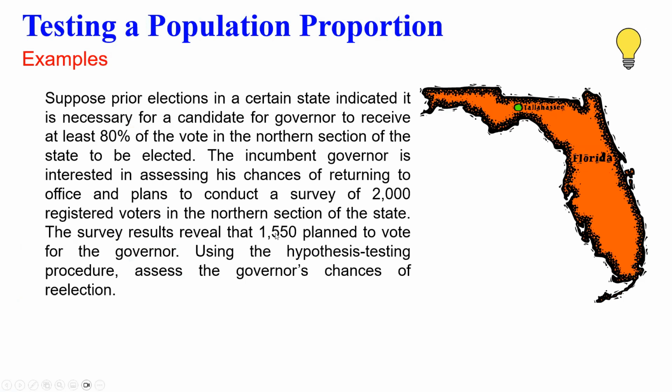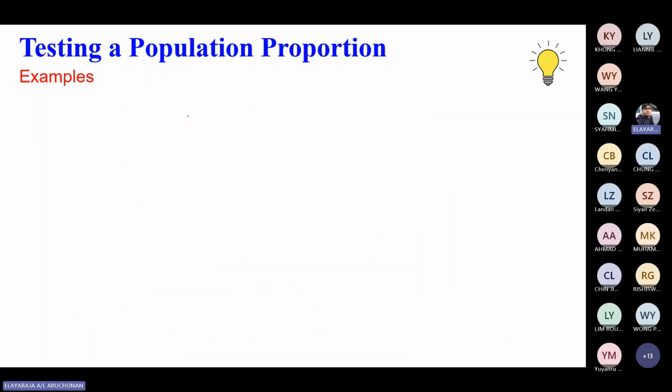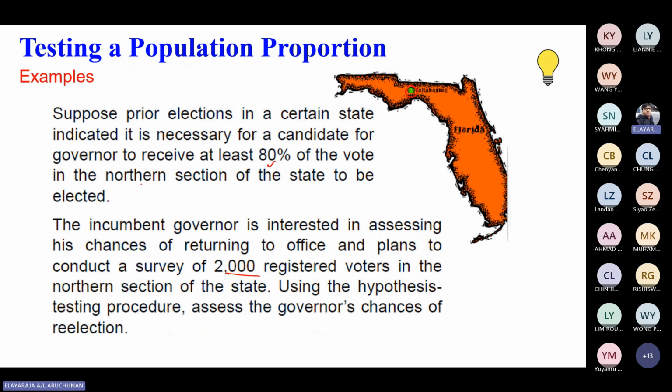Now we do the testing. In the first step, you should state the null hypothesis and the alternative hypothesis as usual. The key important words here are "at least 80%", which is very useful when we develop the hypothesis statements.